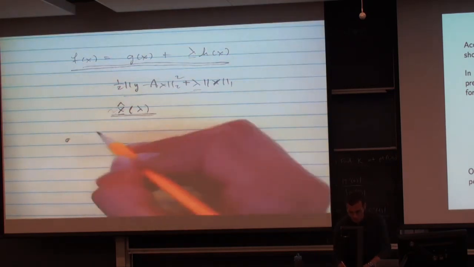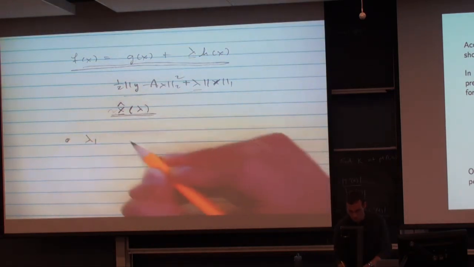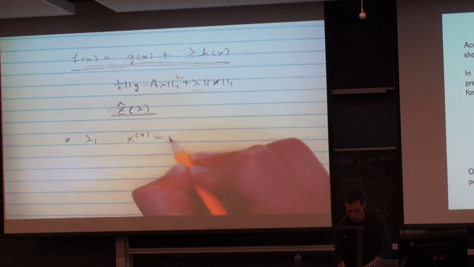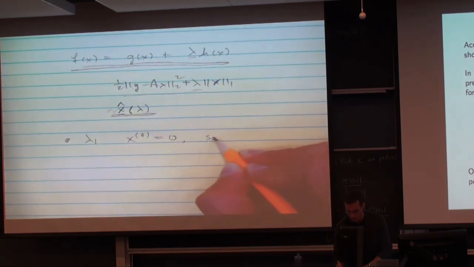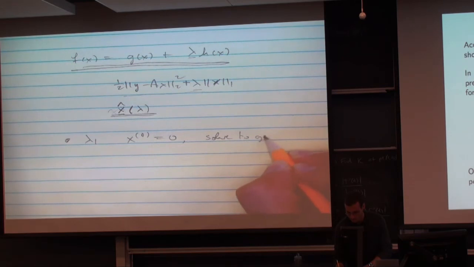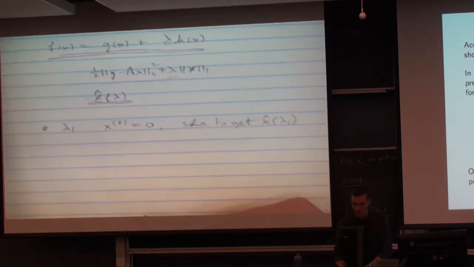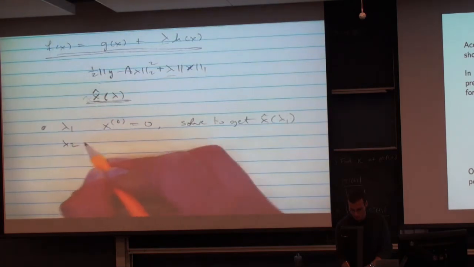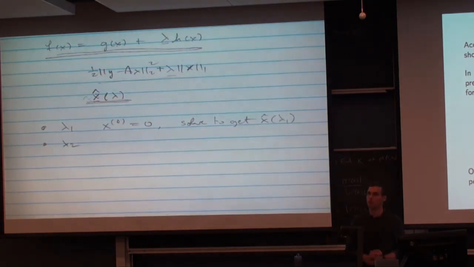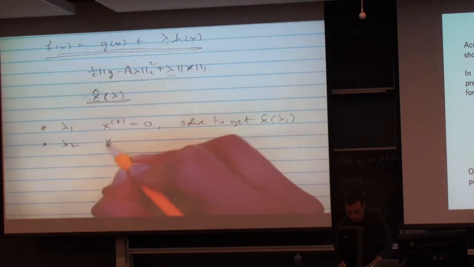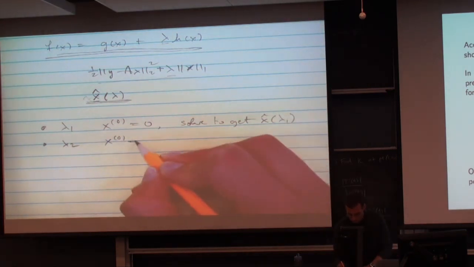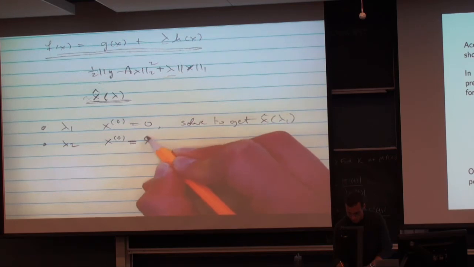Okay, so for my largest value of lambda, at lambda 1, I'll initialize x0 equals 0, and I'll solve to get x hat of lambda 1. But then at lambda 2, if lambda 2 is just a little bit smaller than lambda 1, there's no point in starting at 0. I might as well just start at x hat of lambda 1.